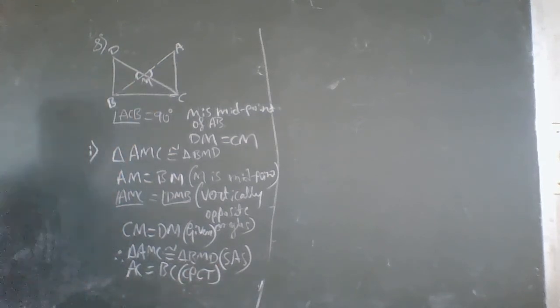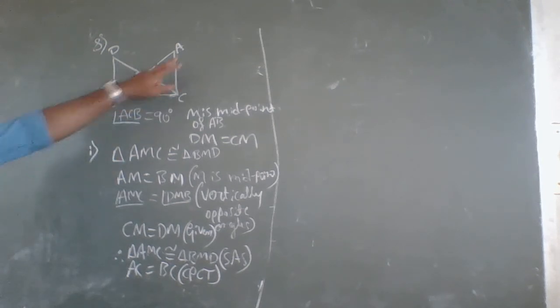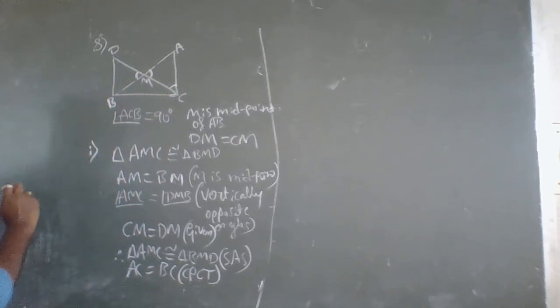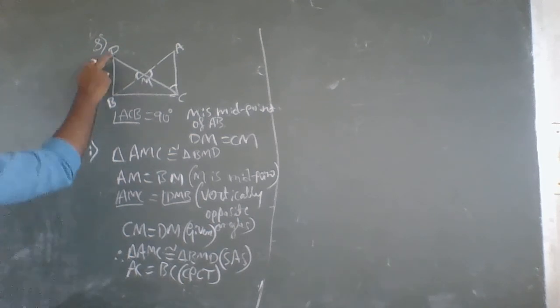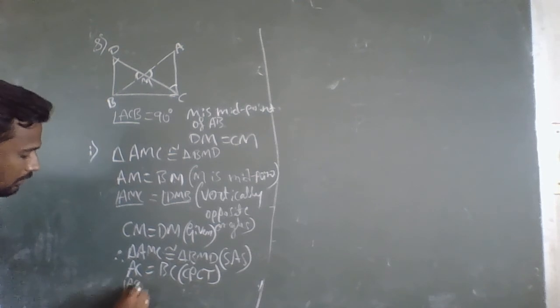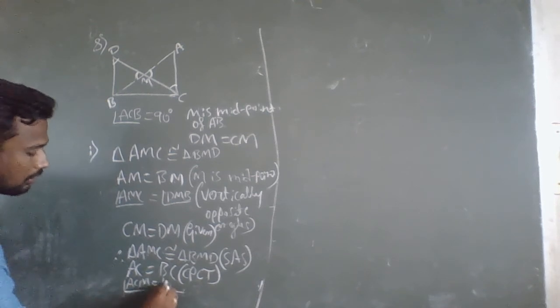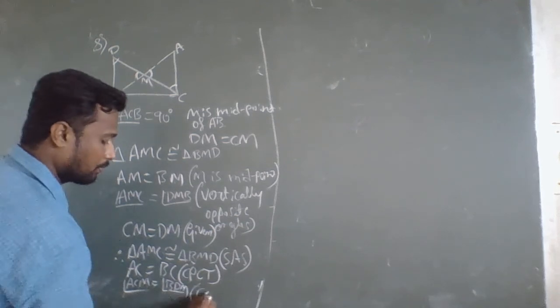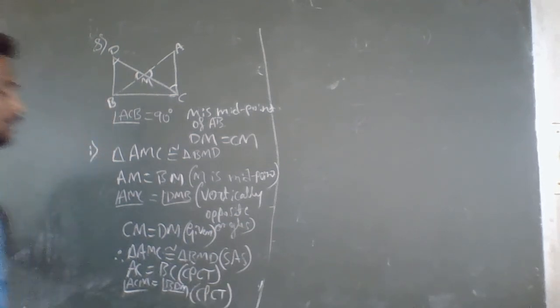Like this only, angle ACM, this angle, is equal to angle BDM, because these are also corresponding parts of congruent triangles.